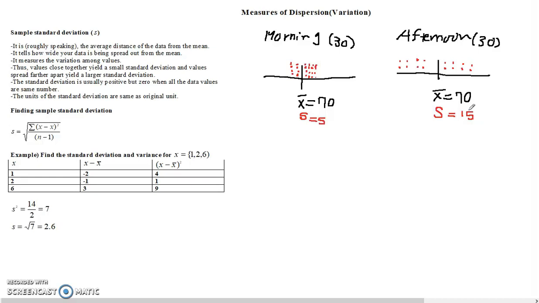Compared to the afternoon class, even though we have the same number of students and same average, these scores have a lot larger variations and are spread out compared to the morning class. So the sample standard deviation gives you another dimension of looking at this data.